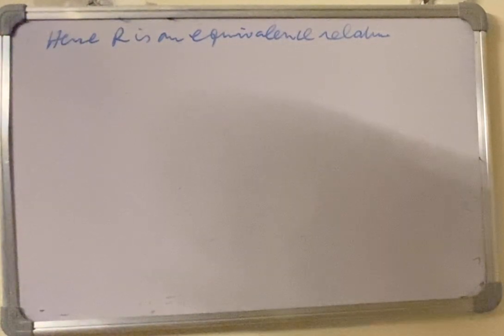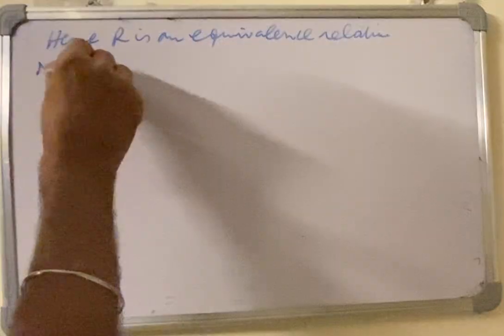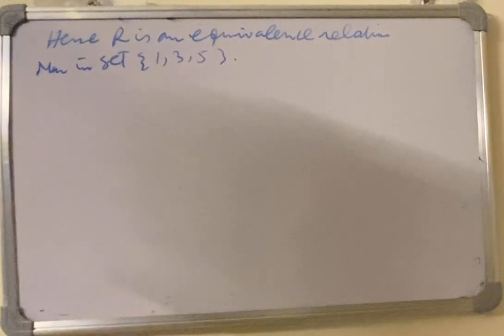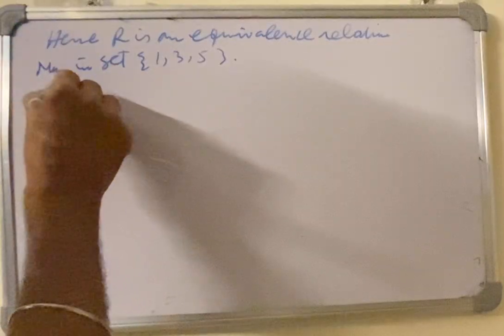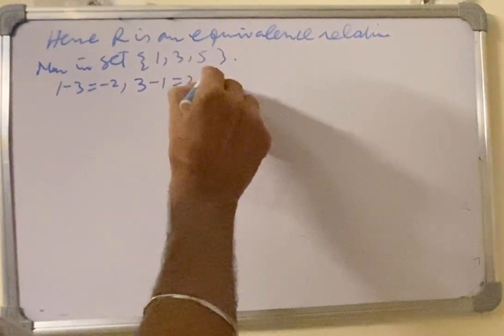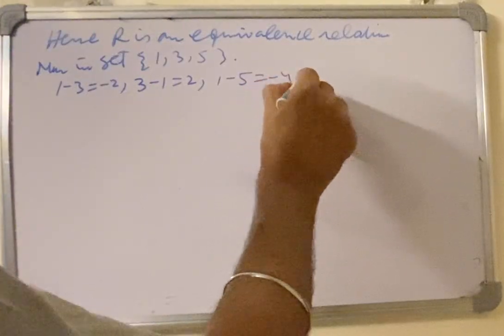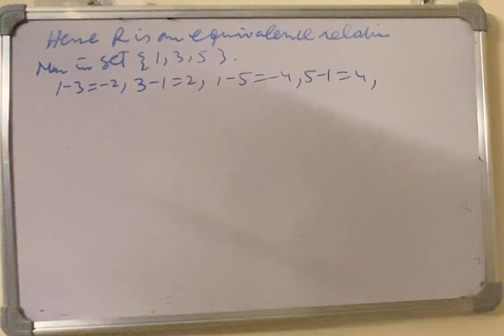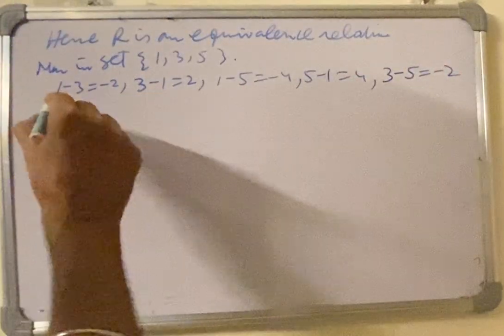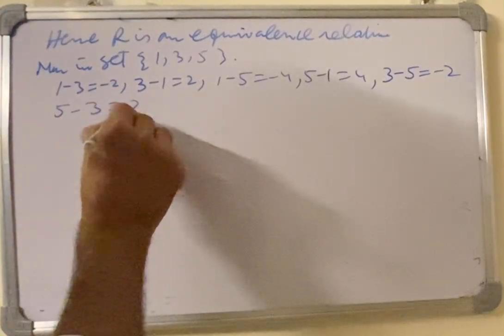Now, in set 1, 3, 5, we have 1 minus 3 is minus 2, 3 minus 1 is 2, 1 minus 5 is minus 4, 5 minus 1 is 4, 3 minus 5 is minus 2, 5 minus 3 is 2.